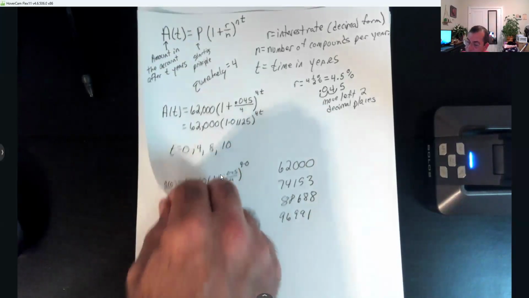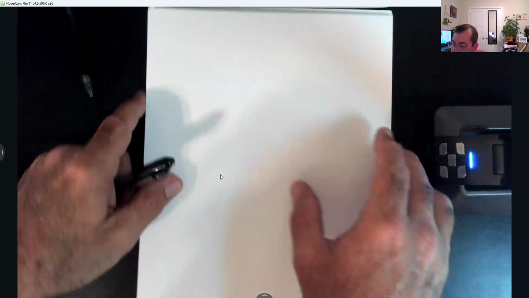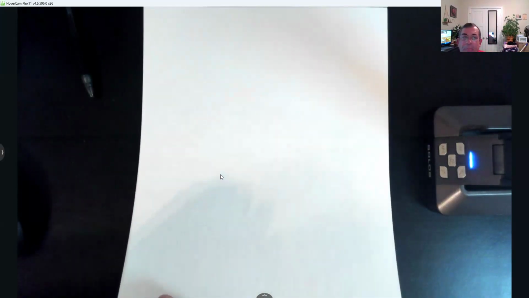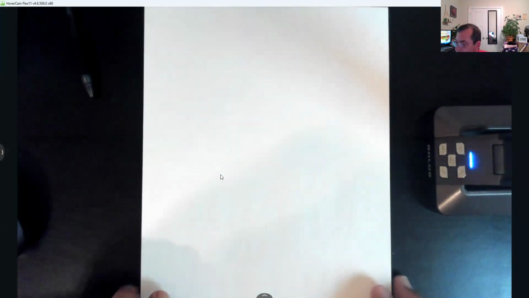And then you'll go to the last problem. And y'all, the last problem's using the same formula. But all you got to do is figure out how much money will be available in an account after so many years. So you're actually using that formula to work a problem, okay?